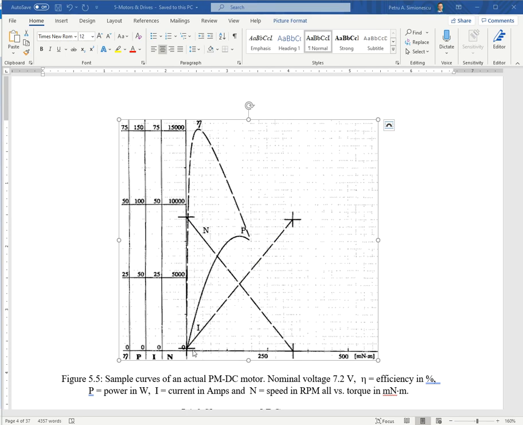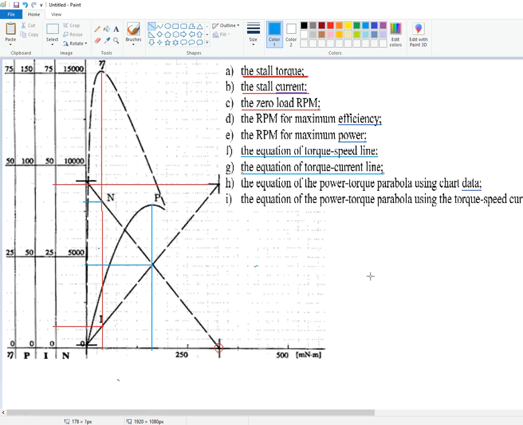So we have 0 current goes with 0 torque, and the maximum current goes with maximum torque. So that will be the torque-current curve.